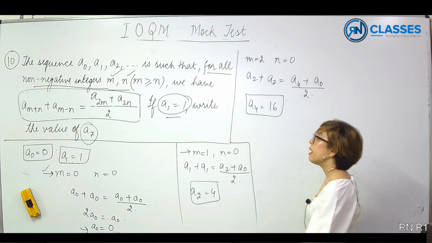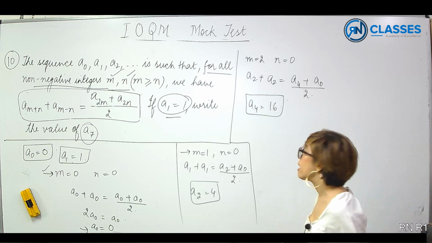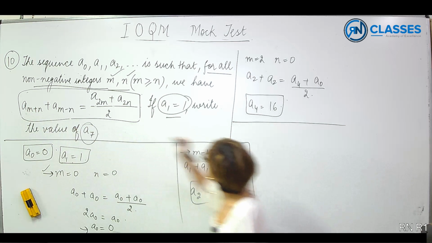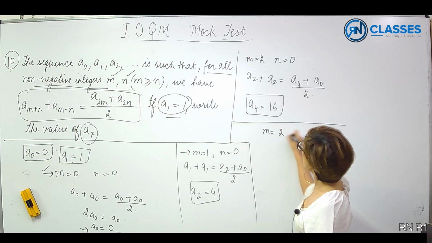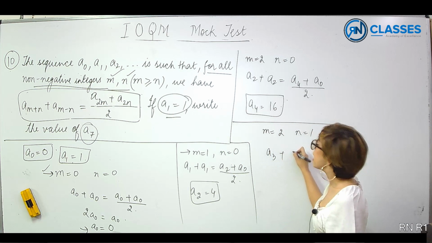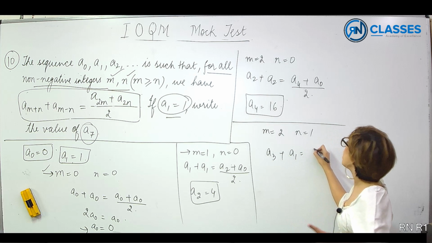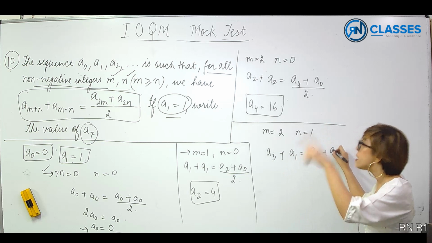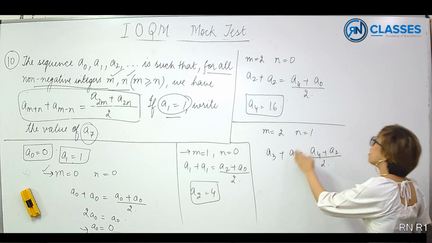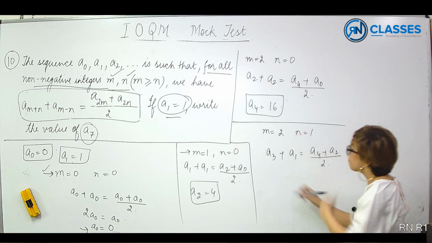Interesting. Now I will try to find A3. I want 2 plus 1, so put M as 2 and N as 1. That becomes A3 plus A1 is equal to (A4 plus A2) divided by 2. I know A1, I know A4, I know A2. I can find A3.